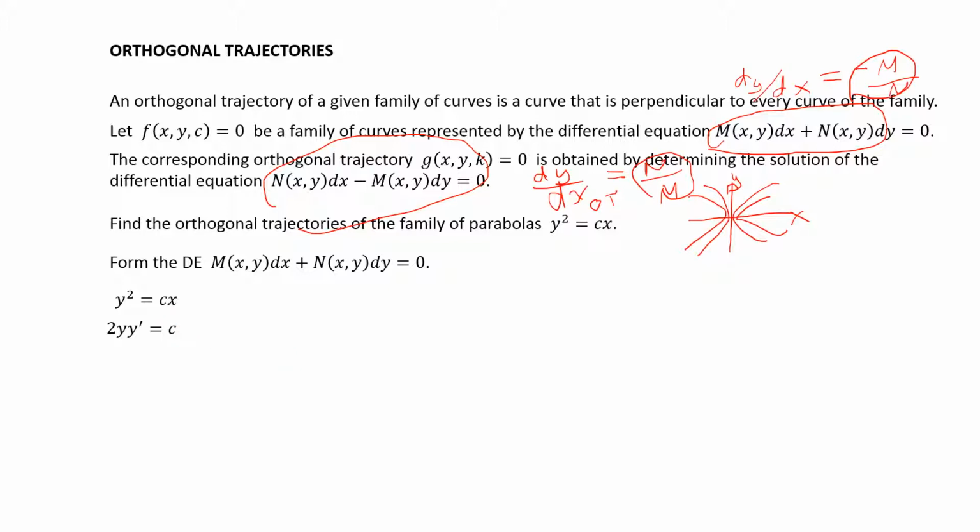What you do is substitute the value of c there. So, you get y squared = 2y y prime x. Then arrange it.